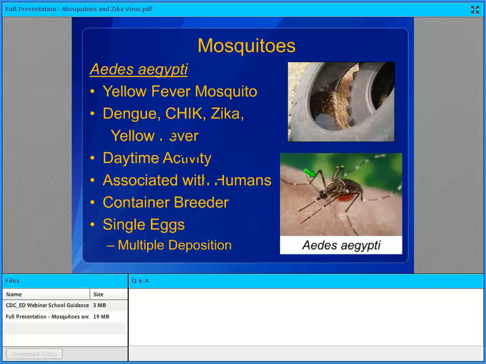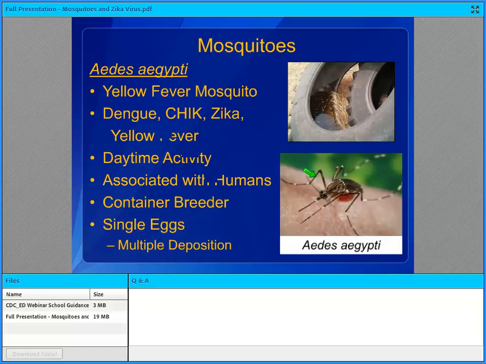Aedes aegypti, in addition to Zika, is capable of carrying yellow fever, dengue, and chikungunya, and has acquired the nickname of yellow fever mosquito during the building of the Panama Canal, when it was responsible for many yellow fever illnesses and outbreaks. These are daytime biters. They are very closely associated with the activity of humans.